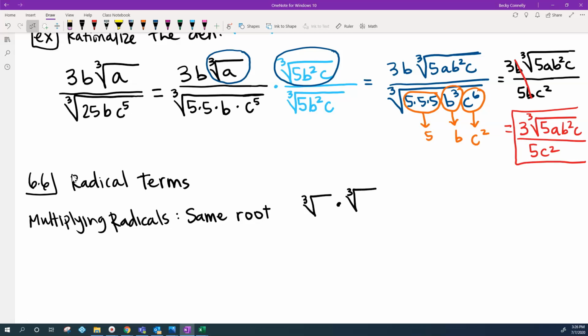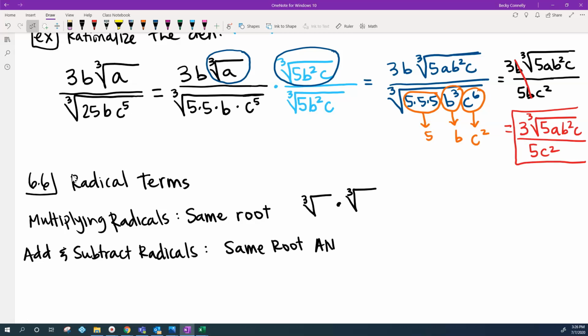And it doesn't matter what's inside. However, when you're adding or subtracting radicals, you have to have the same root, right? So that same index and the same radicand.